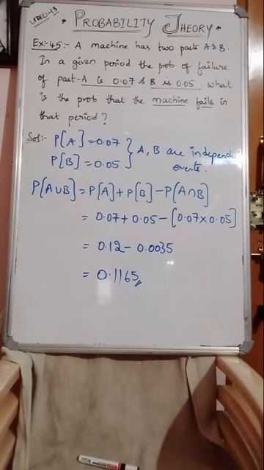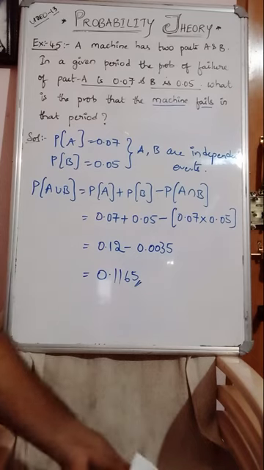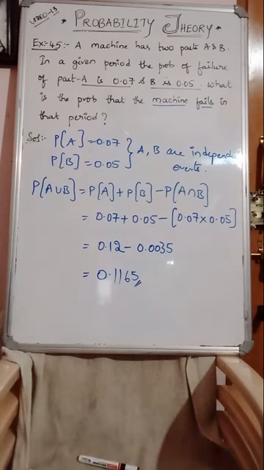Clear? So with this, I'm going to wind up today's video. I hope all these problems are clear. Now in the coming concept, we are going to find out odds against and odds in favor. Those are important problems. Many times I have asked them for 5 marks. Even in your mathematics, that question is important.